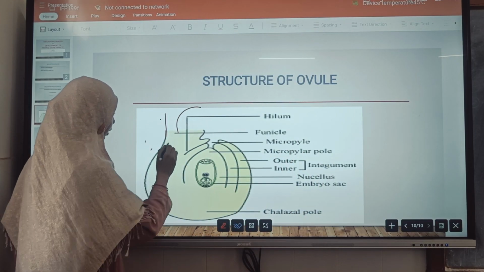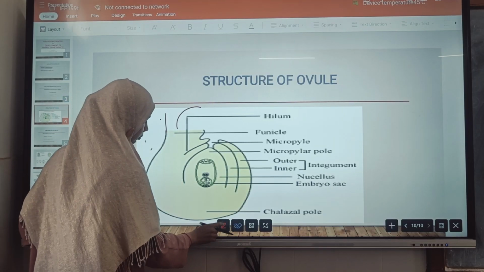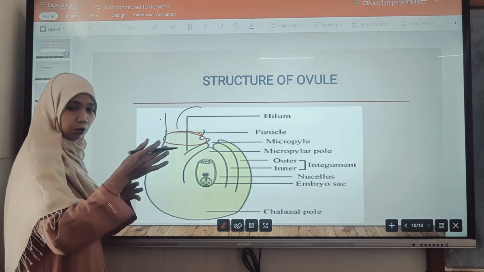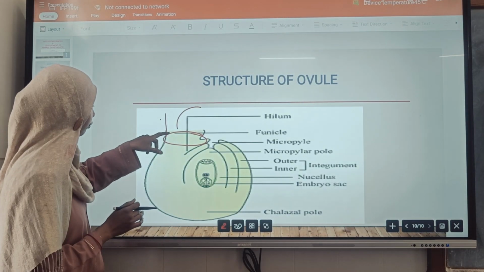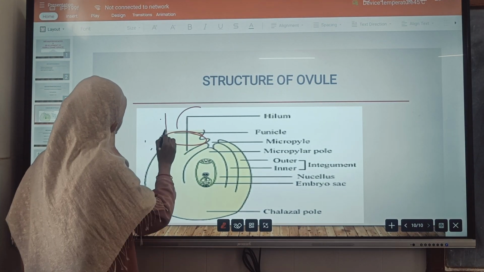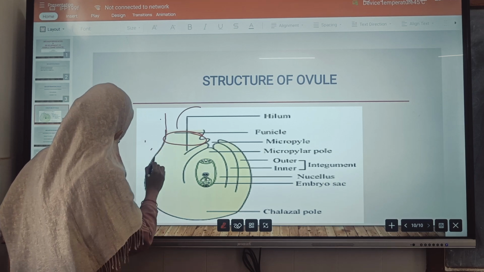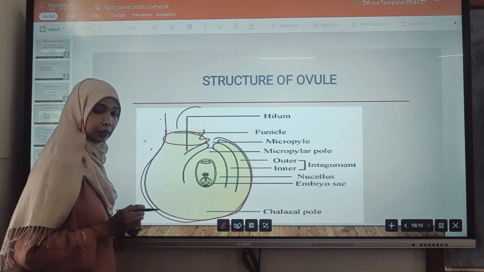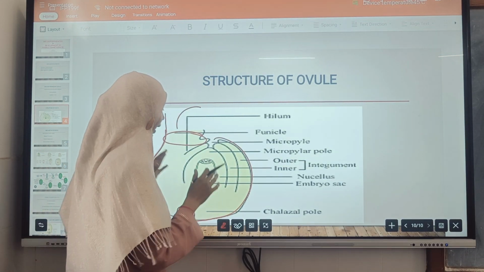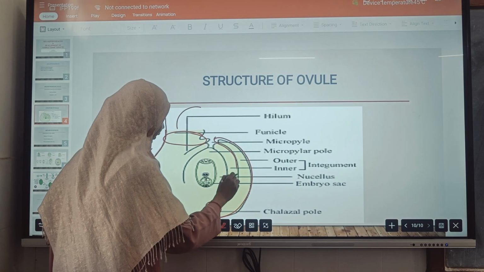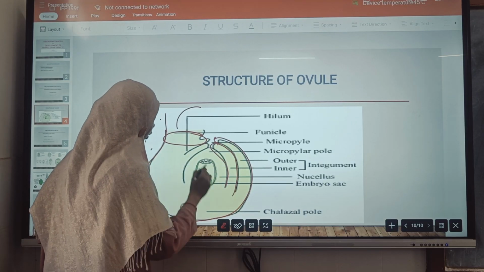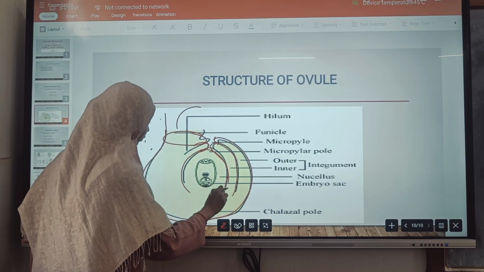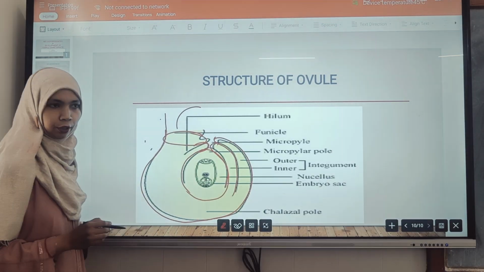After the hilum, one to two protective layers are present. These are called integuments, and the integument is a protective layer of the ovule which protects the inner mass of the ovule, called nucellus.